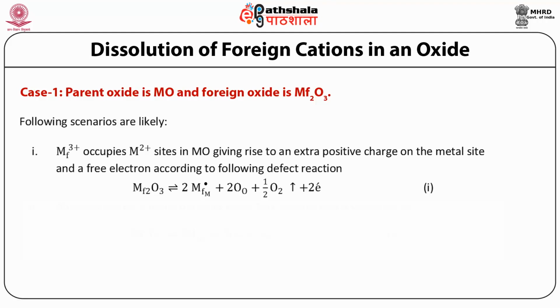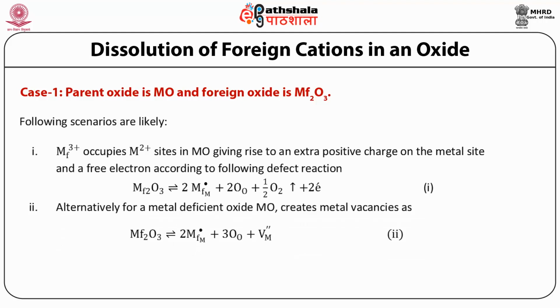The first is that MF3 plus occupies M2 plus sites in MO, giving rise to an extra positive charge on the metal site and a free electron, according to the following defect reaction: MF2O3 gives 2 MFM plus 2OO plus half O2 plus 2 electrons.